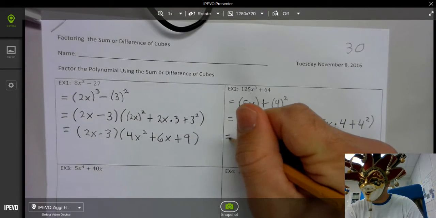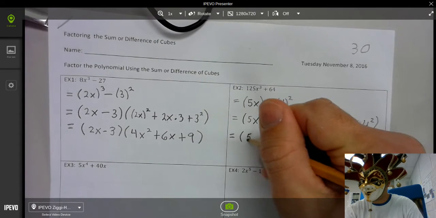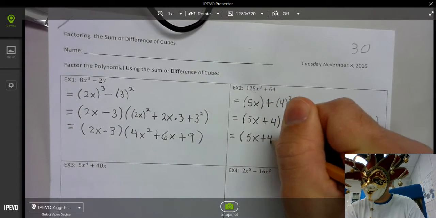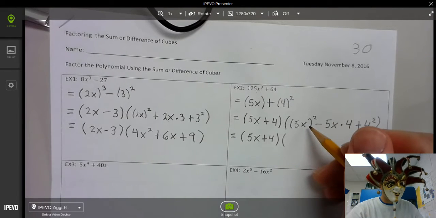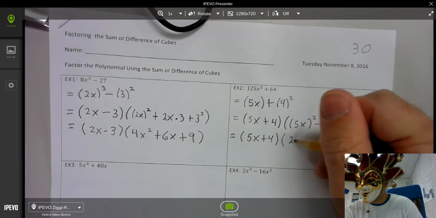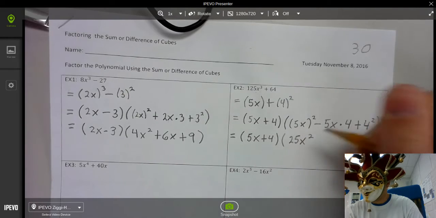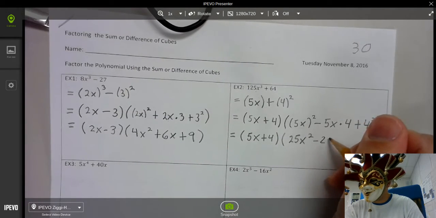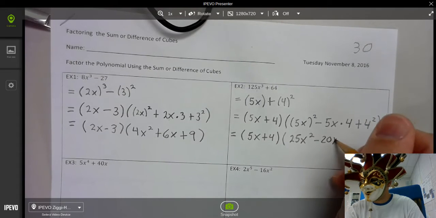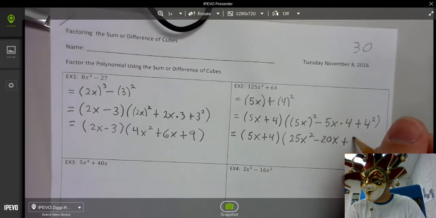So we simplify. So we have 5x plus 4. Now, 5x squared is 25x squared minus 5x times 4, which is minus 20x, plus 4 squared, which is 16.